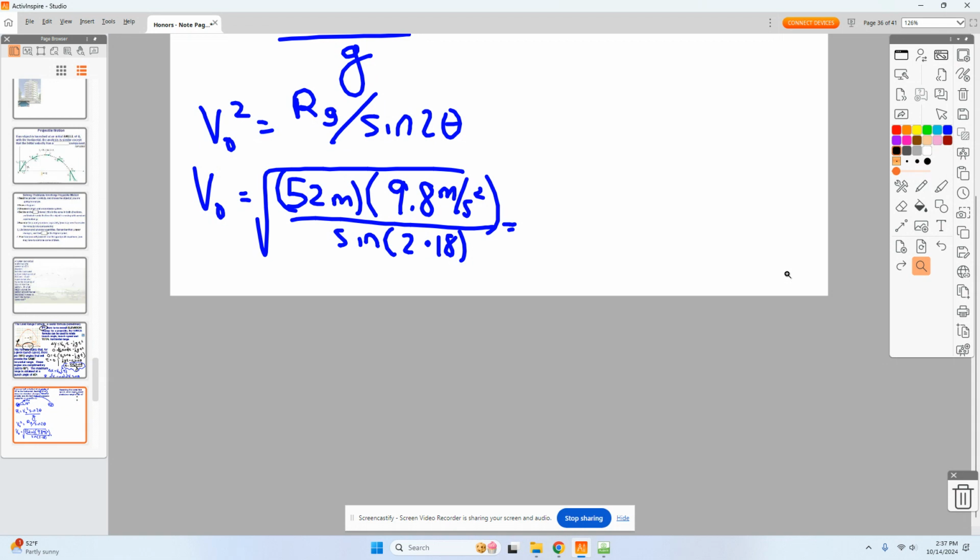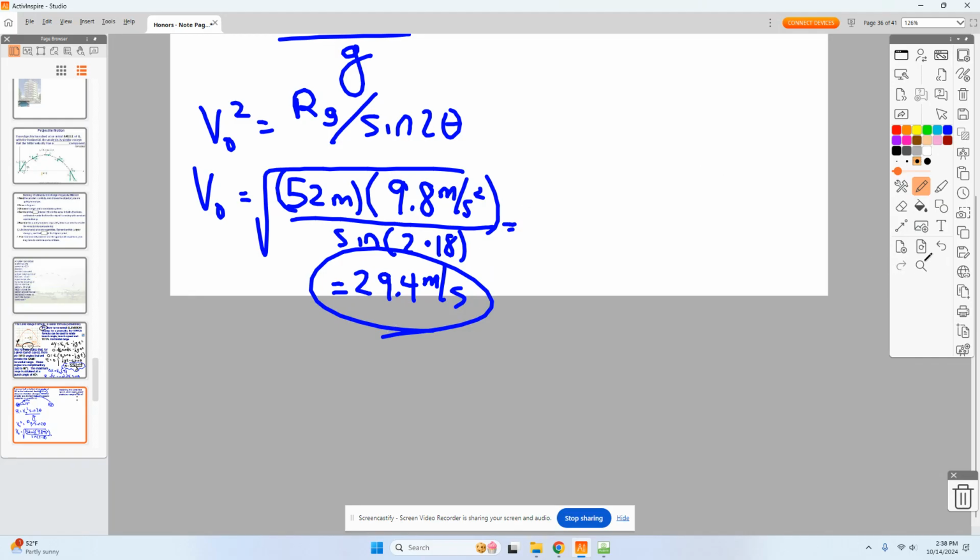I'm going to take the square root of that now. And when I do that, I get 29.4. And so that would be the speed at which that thing was kicked. Could not answer that question without that range formula. It would be much more difficult to do that.